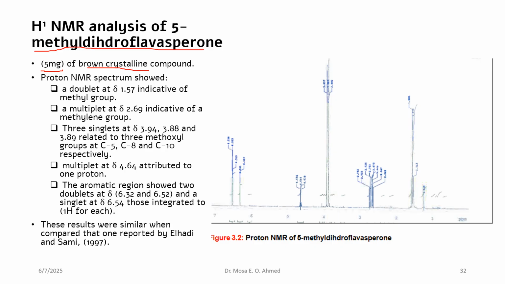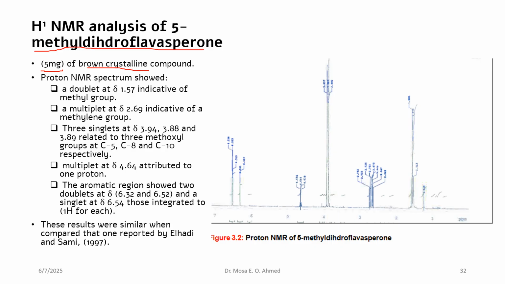After performing proton NMR for this compound, we compared the obtained spectrum with the reported compound in literature. The compound was previously isolated and characterized from the same plant by other authors.